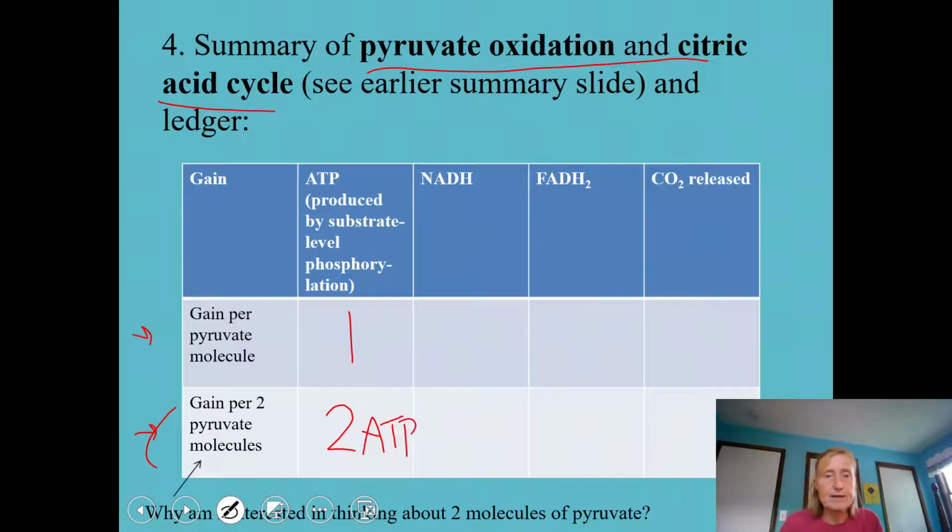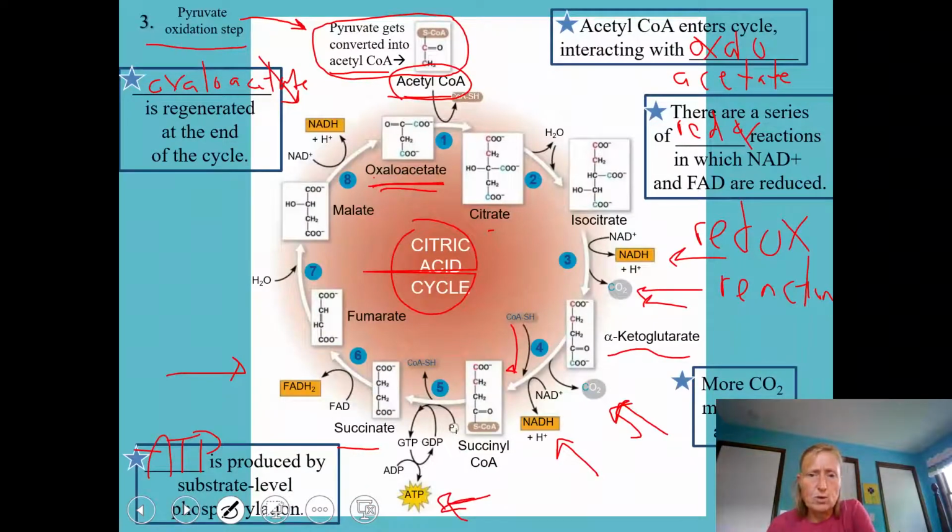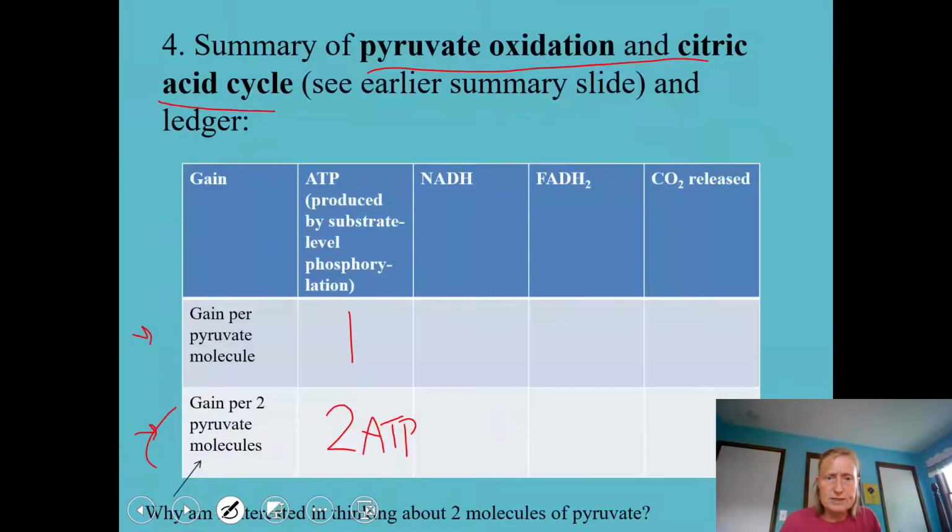That's great. How about NADHs? 1 NADH from pyruvate oxidation, and then 1, 2, 3 from the citric acid cycle. So a total of 4 NADHs. Wow, that's a lot. That means if we're following 2 pyruvate molecules, we get 8 NADHs.